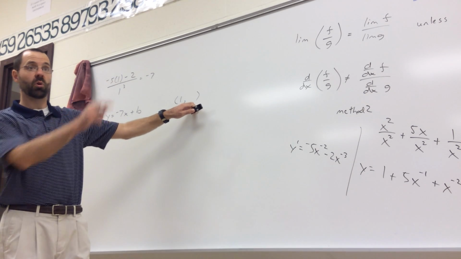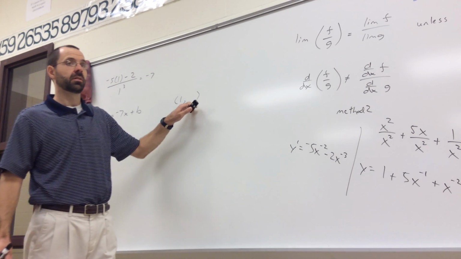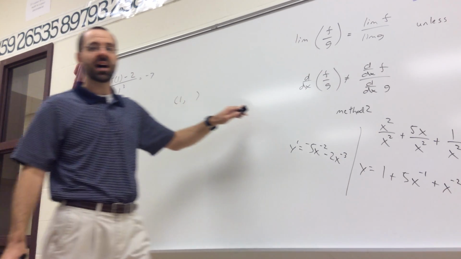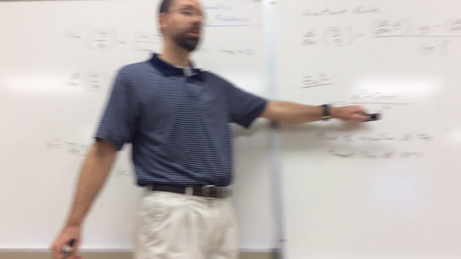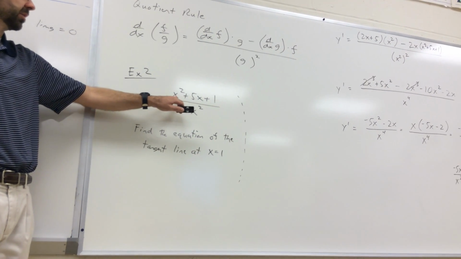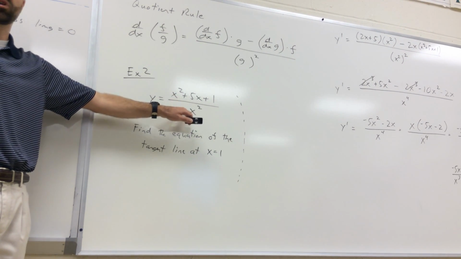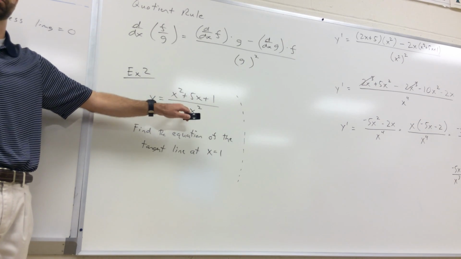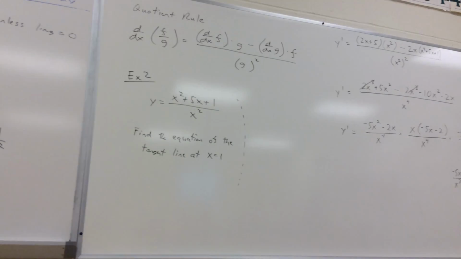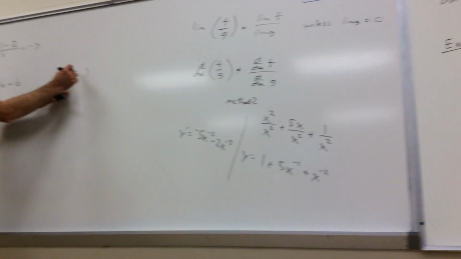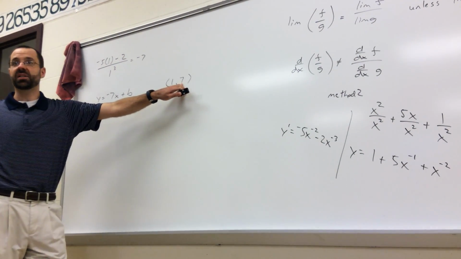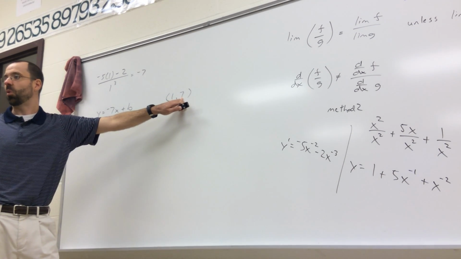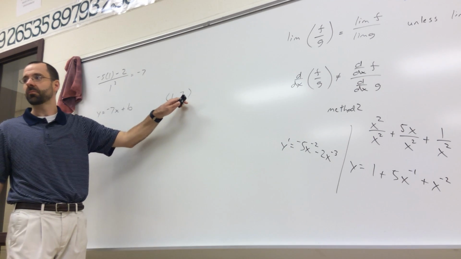But I'm going to plug the 1 into the original. So 1 squared is 1 plus 5 plus 1. So that comes out to 7 over 1 squared is 1, so 7. So the y value is +7. So I got that +7 plugging into the original y equation, because the original y equation gives you the y value.